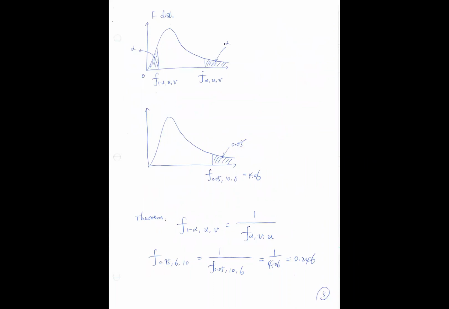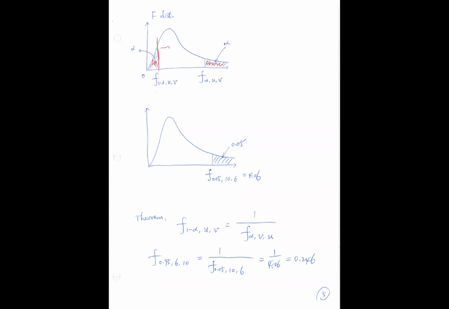We could also have an upper tail of alpha left, and this will be F alpha, U, V, and this will become F1 minus alpha, because everything to the right is 1 minus alpha, U, V.